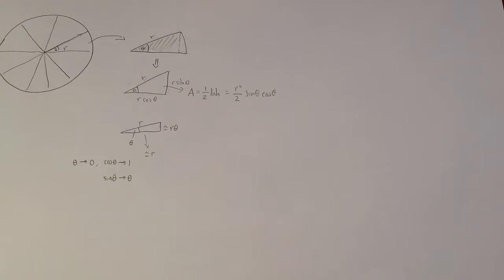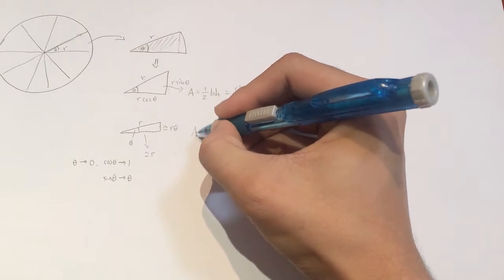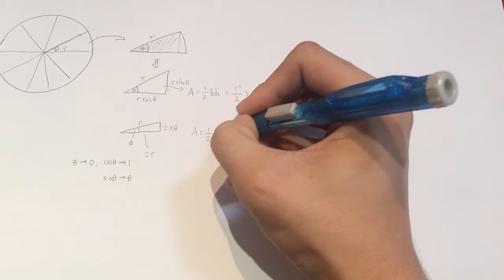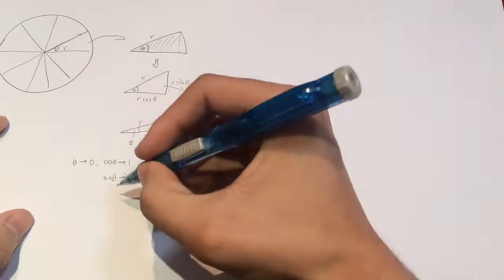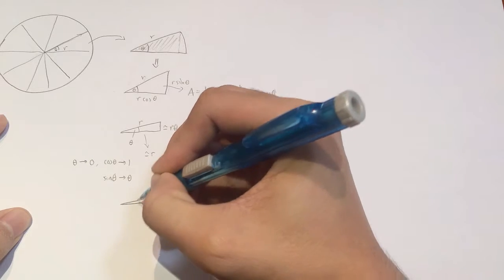And so now we can reevaluate the area of each individual triangle, and that will equal half r squared theta, like that. But that's not all. We could make this slice even smaller, really, really small.